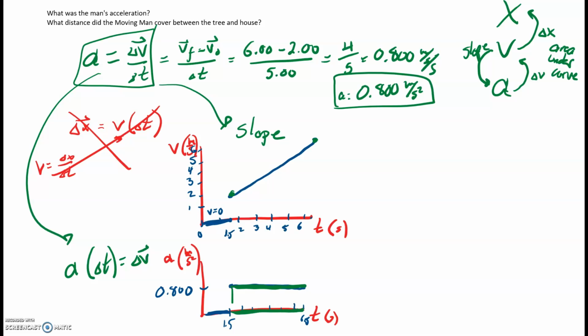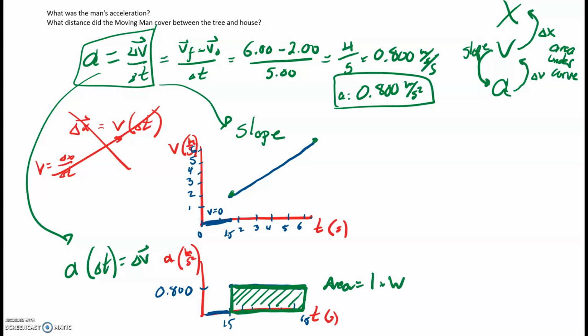When was he accelerating? From 1.5 seconds to 6.5 seconds. So my delta t is my boundary, and then my acceleration value is my boundary. And that creates an area under the curve of a rectangle. How do I find the area of a rectangle?